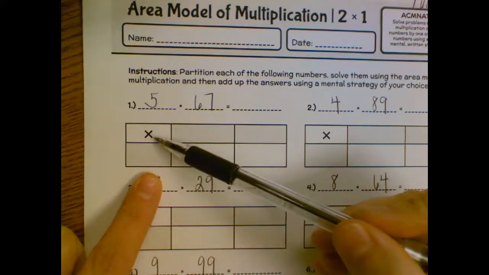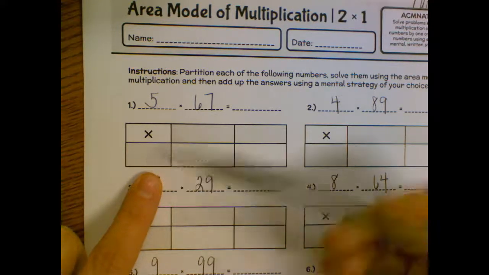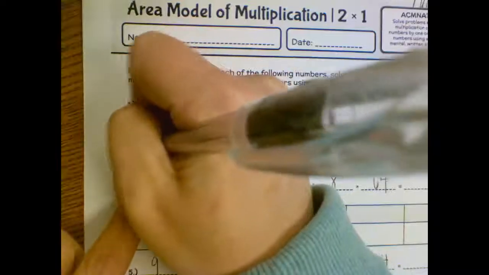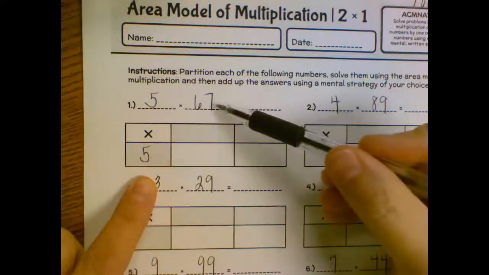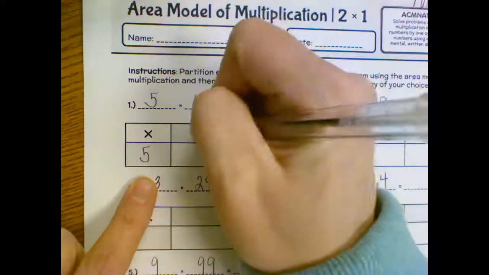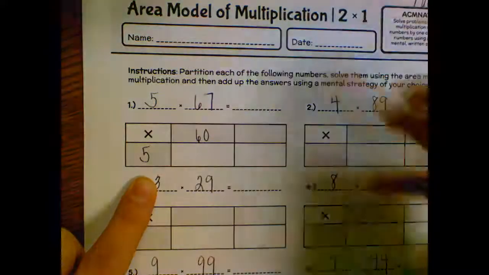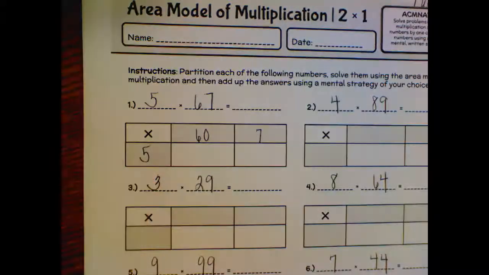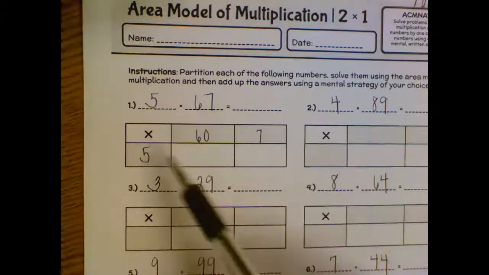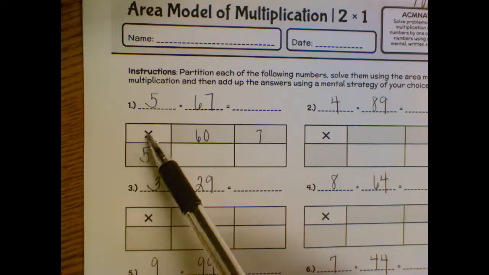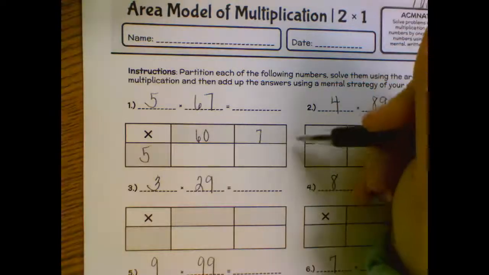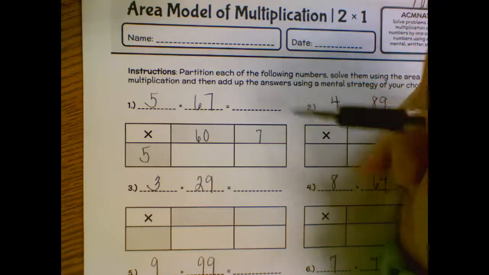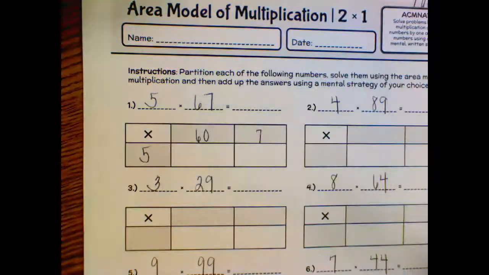Here's our multiplication sign, and there's one box here. So that is where our single digit is going to go. How are we going to break apart 67? Well, the 6 is worth 60, and the 7 is just worth 7 ones. So we have to multiply 5 times 60, and then 5 times 7. And then we'll add up our pieces here, or if you have more room, you can do it over here.